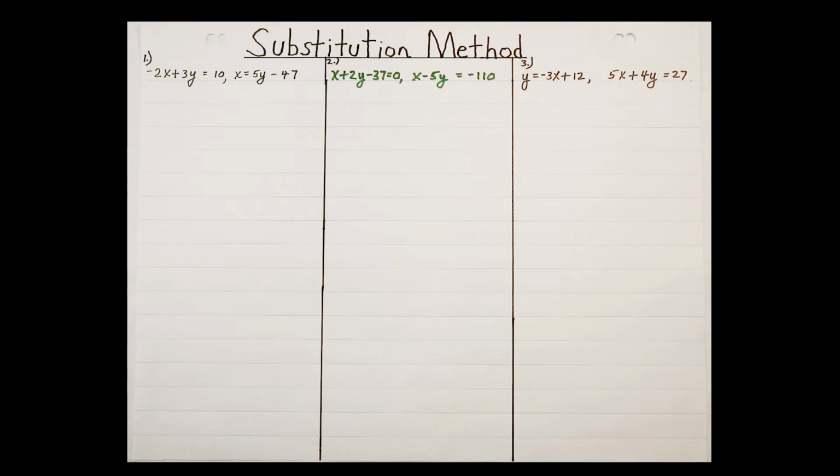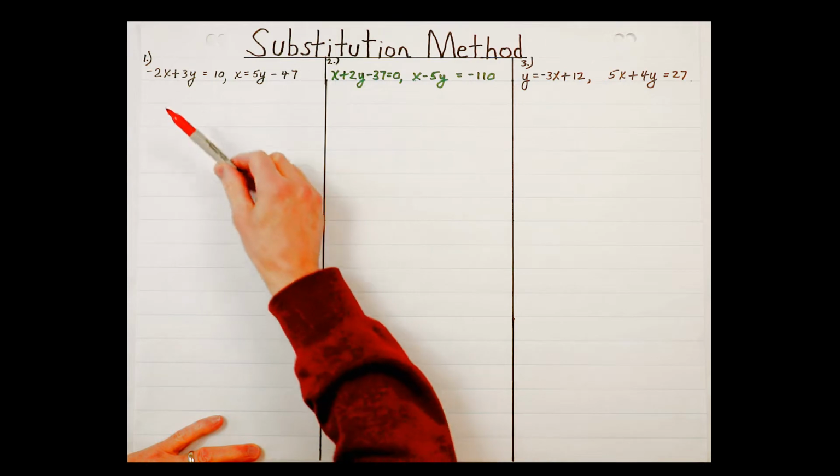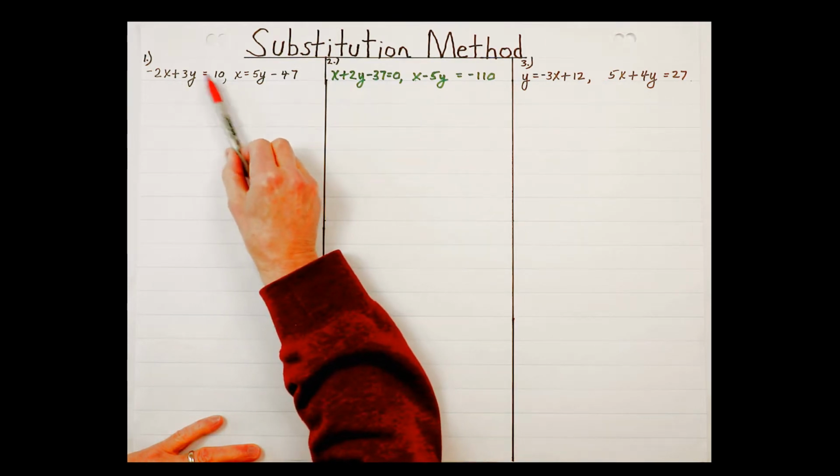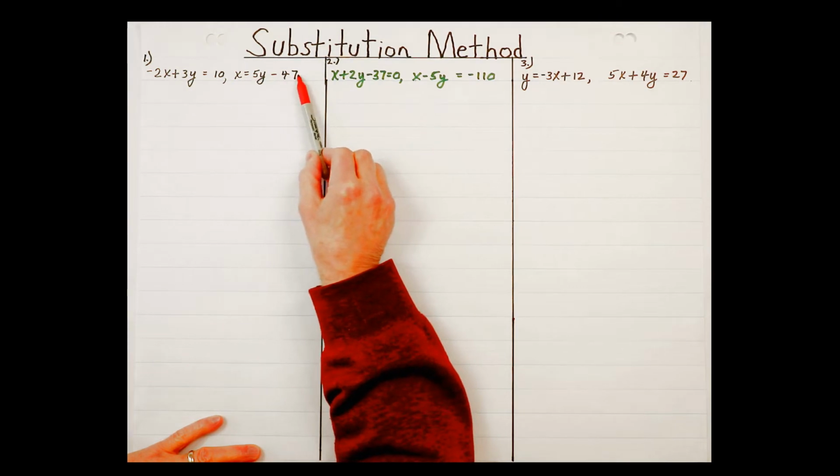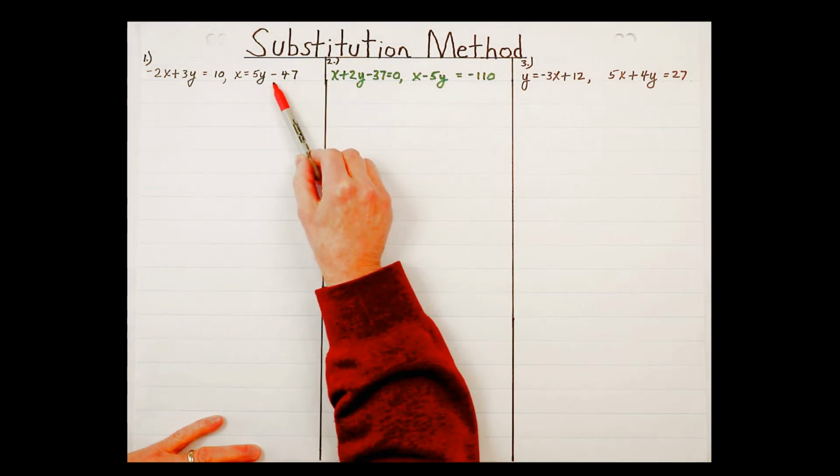Usually, you do substitution with equations that don't have fractions, with equations that aren't complicated. Let me show you what I mean. This first equation, a typical equation, is more simplified. Why is it more simplified?